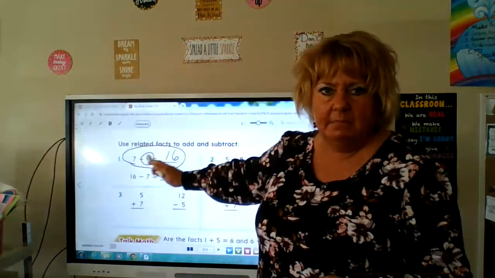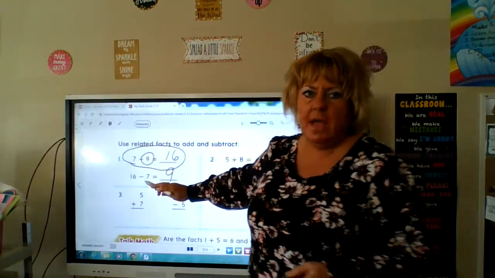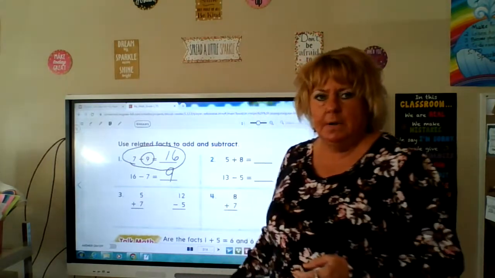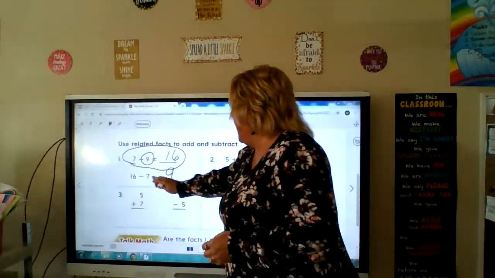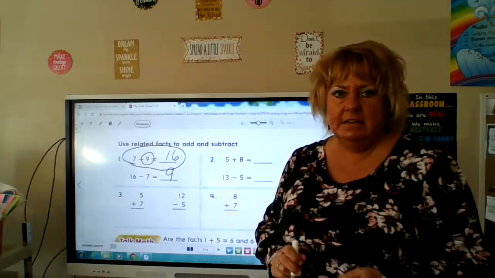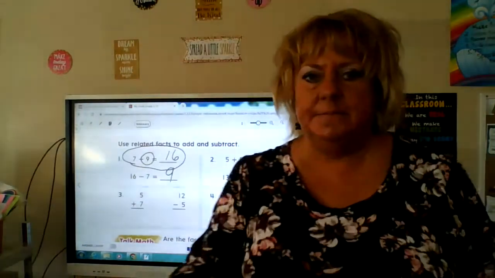We use the same numbers, but for takeaway, we start with the biggest number. Okay, now we're going to check it. Is 9 plus 7 16? It is, isn't it?